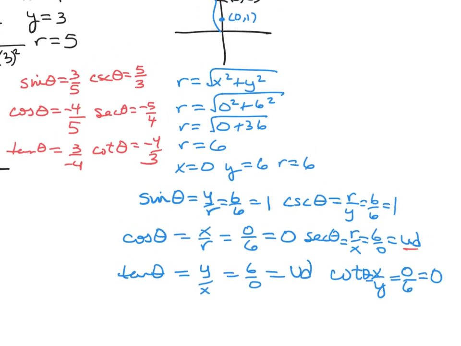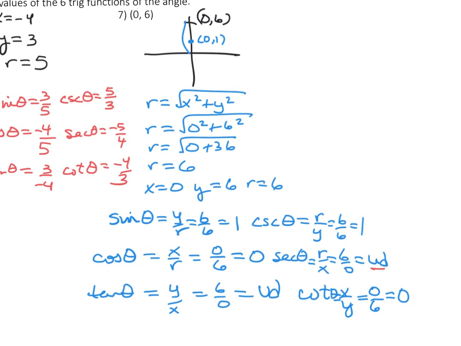Now, when I taught this in the notes, we could have also done this same problem using the first ordered pair that is on this angle, which was the 0, 1. So if you prefer to use x equals 0, y equals 1, and r equals 1, you can do it and you will get the exact same answers.